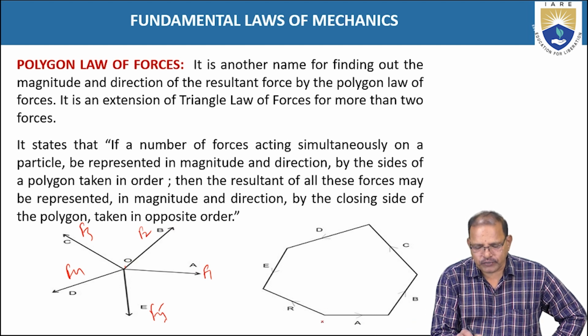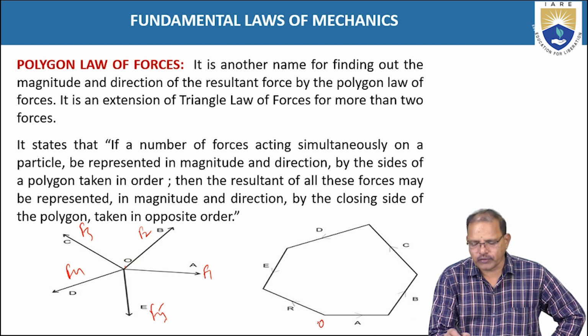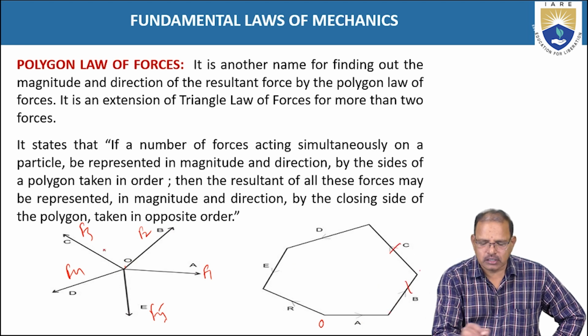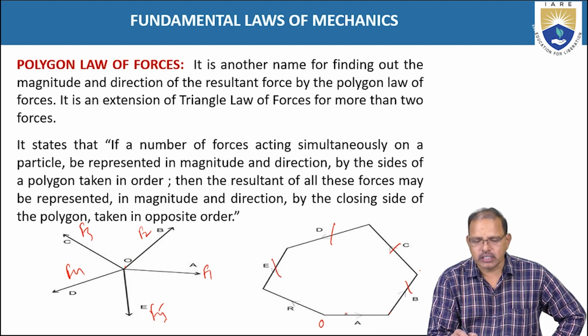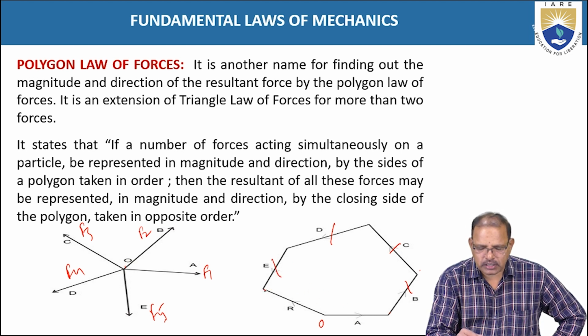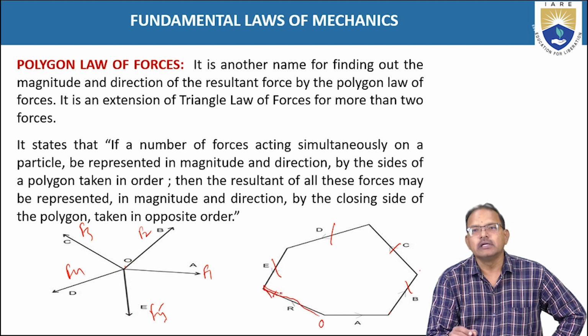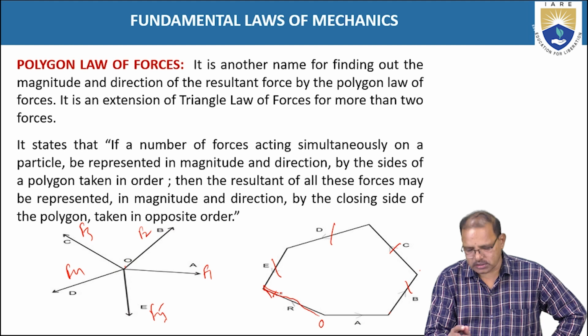Here the reference point is O. F1 is represented by OA, and the second force can be represented here. Then the third one, the fourth one and the fifth one. This is known as the closing side. This closing side represents the resultant of all these five forces, but in opposite order.